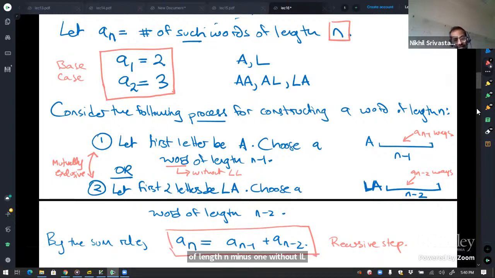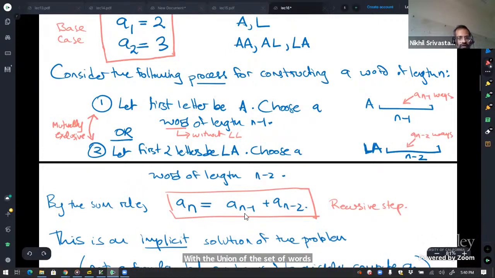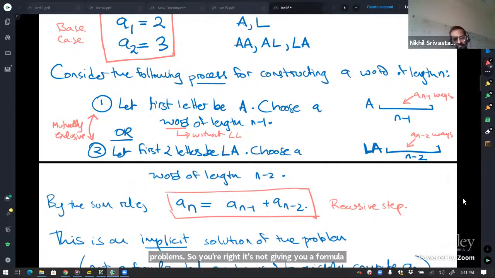And so what this is saying is that the set of words of length n without LL are in bijection with the union of the set of words of length n minus 1 without LL and the set of words of length n minus 2 without LL. So it's expressing the answer to the length n problem in terms of the answers to smaller problems. So you're right, it's not giving me a formula, right? But it's expressing the answer to the bigger problem in terms of answers to the smaller ones. Does that answer the question?